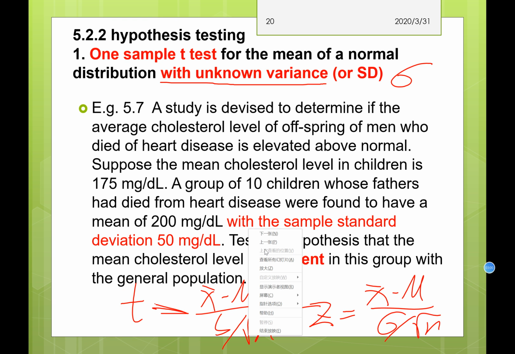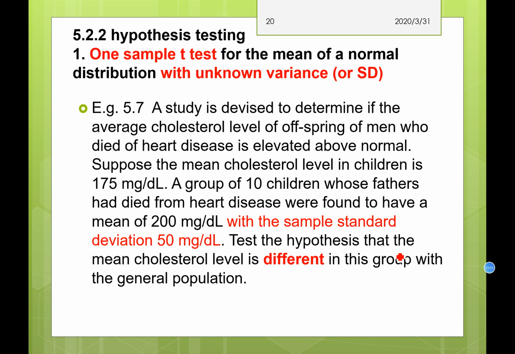So let's think about it. Here is a question. A study is devised to determine if the average cholesterol level of offspring of men who died of heart disease is evaluated above normal.